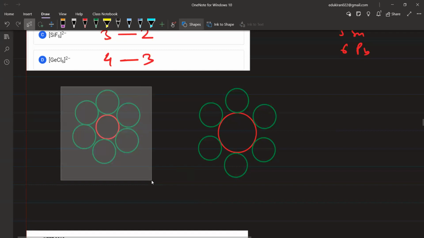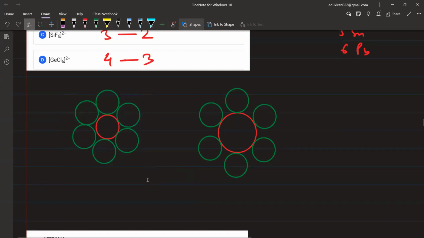But if you have atoms of same sizes, central atom और surrounding atom अगर same size का होगा तो barely you can accommodate 6 atoms.